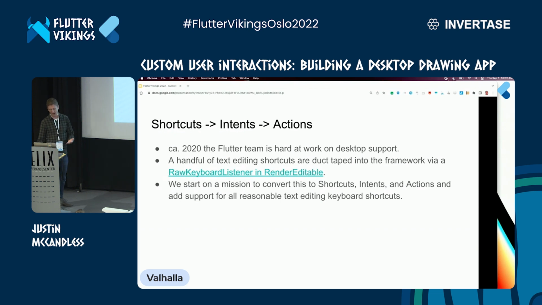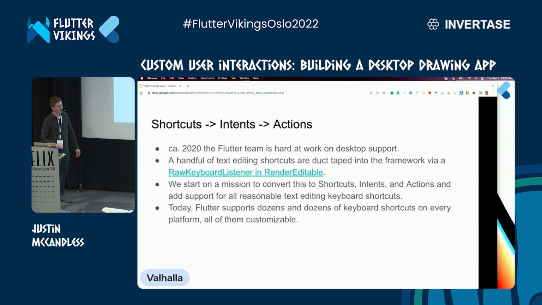Even the final PR that removed that raw keyboard listener in RenderEditable was a community contribution outside of Google, which was really awesome. At the end of the day, we supported, well, most keyboard shortcuts. We're always finding new ones that we don't support, but all of them on all three platforms are customizable. So I want to show you how to do that and how to work with those customizable keyboard shortcuts.